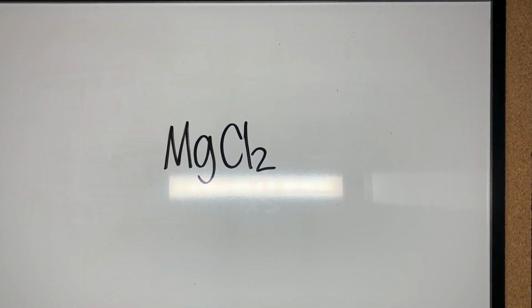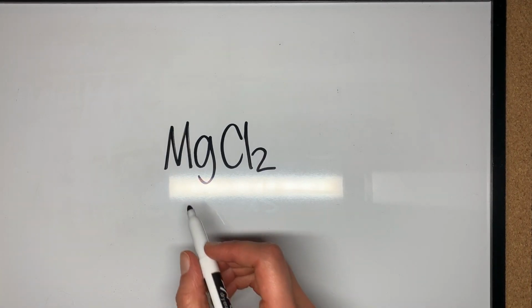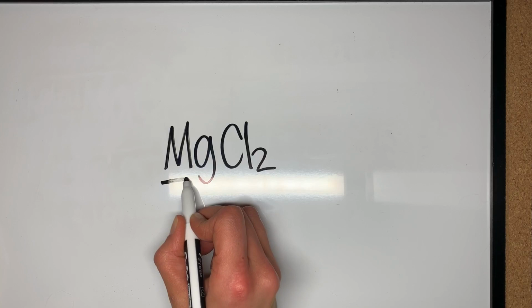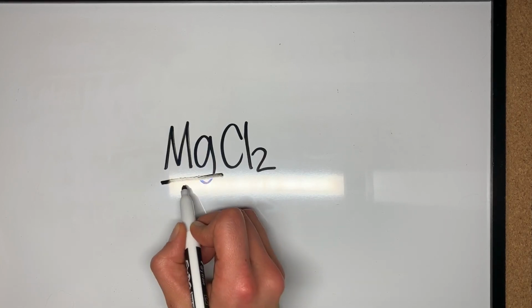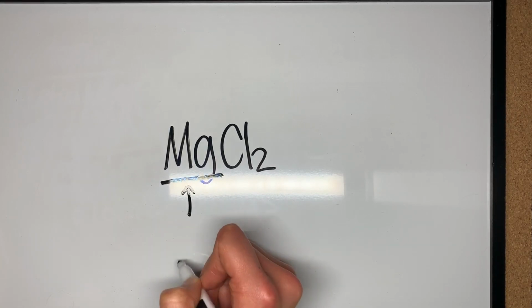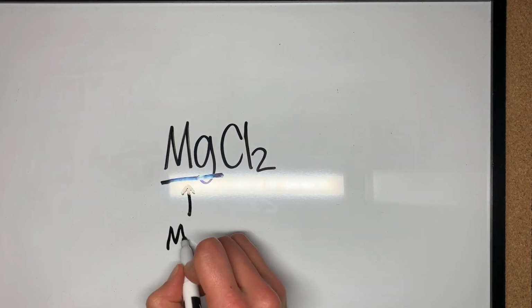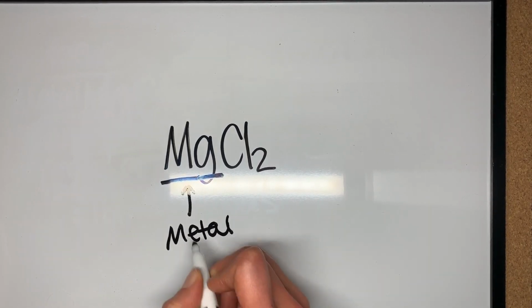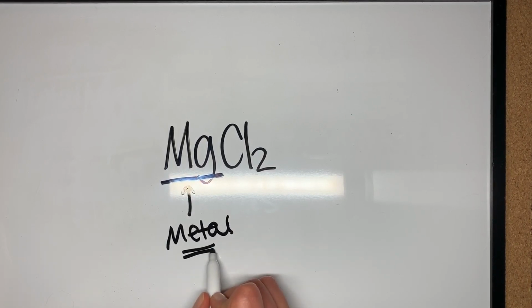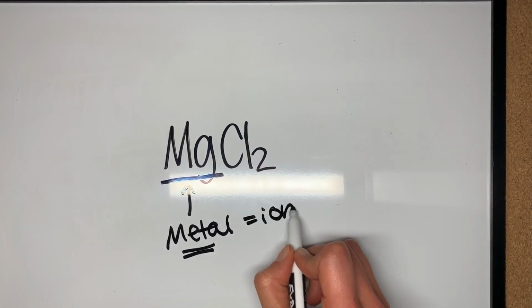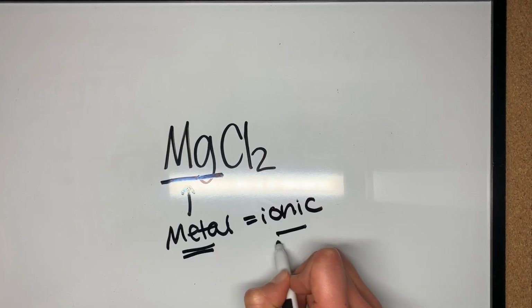If we look at this compound, MgCl2, or magnesium chloride, again, we can just look at the first part. Mg is magnesium. This is in group 2 on the periodic table, so we know that this is also a metal. Since there is a metal in the compound, that means that this is an ionic compound.